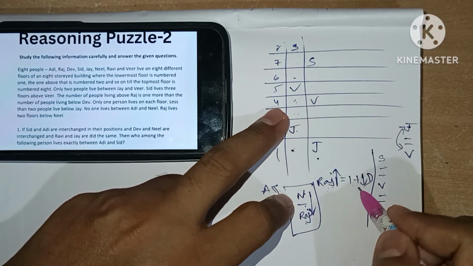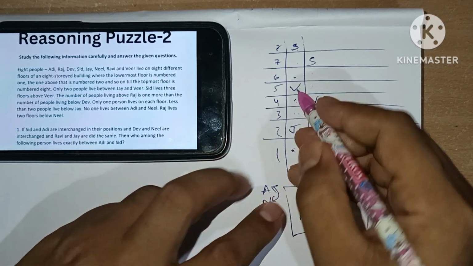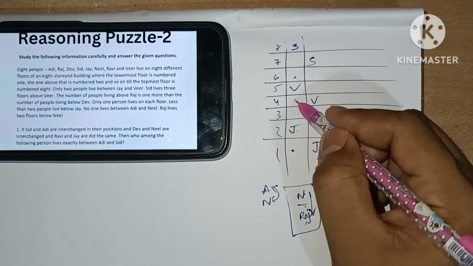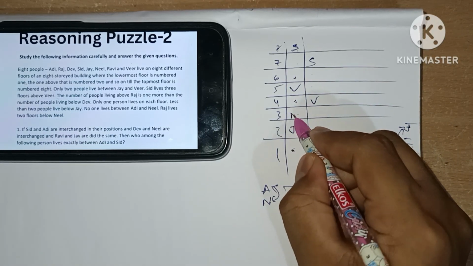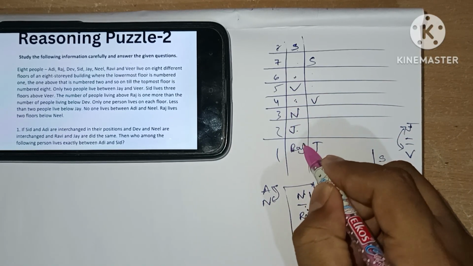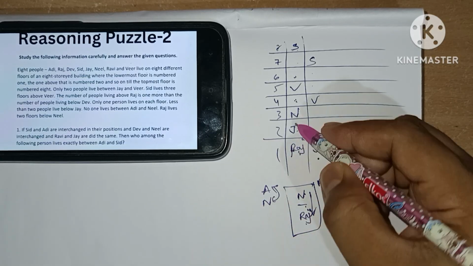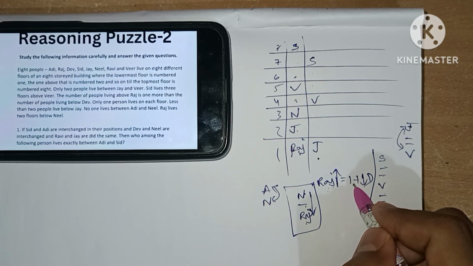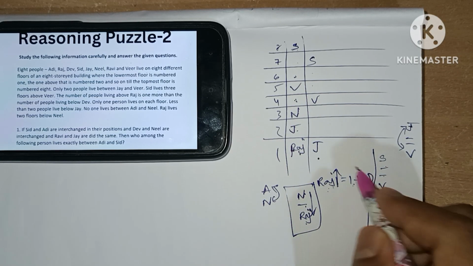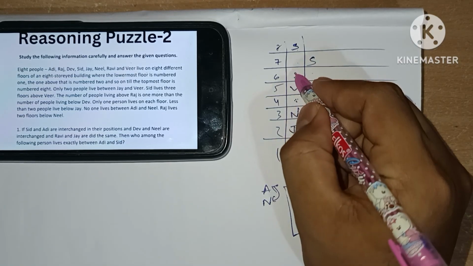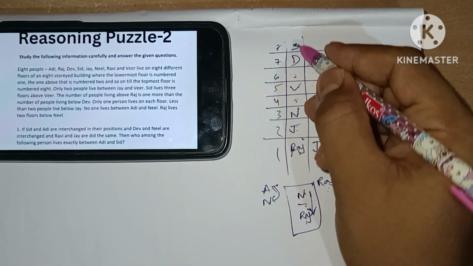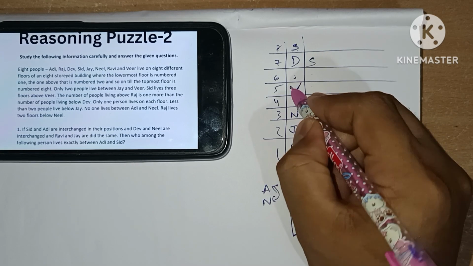Here we cannot place D. So we cannot place N and R here. So the only place for N and Raj is this one. Above Raj there are 7 people. 7 minus 1, 6 people. 6 people below D, 1, 2, 3, 4, 5, 6 below D. So this is what we get.